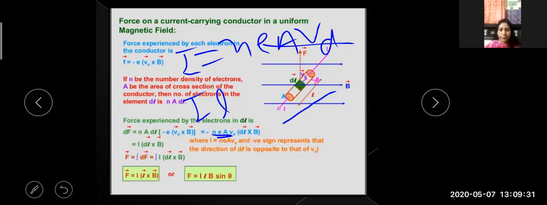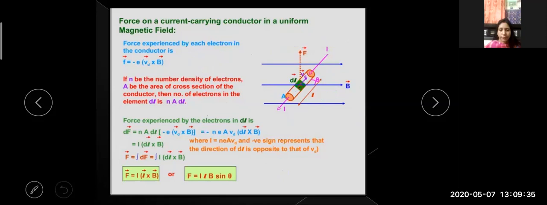From this, the next equation will be I dl cross B.